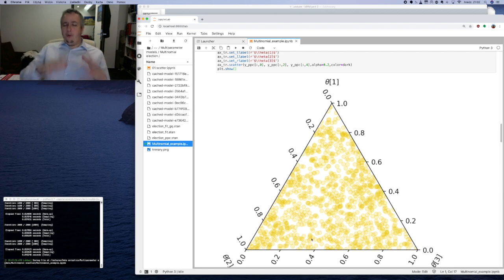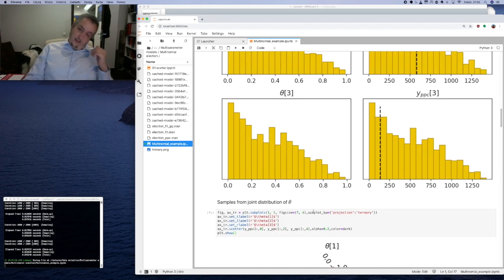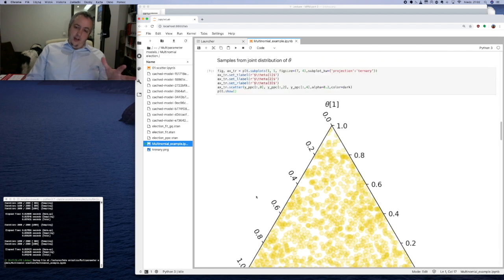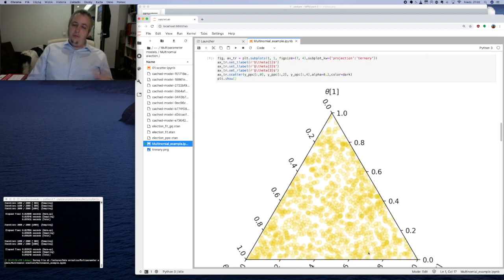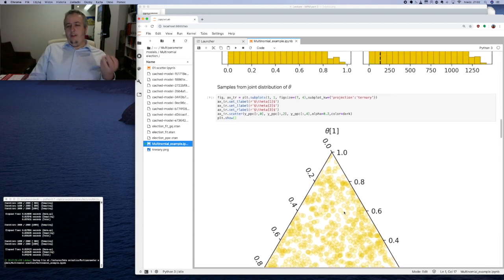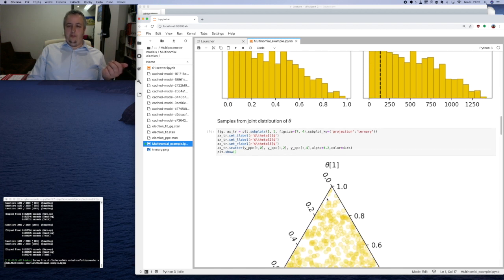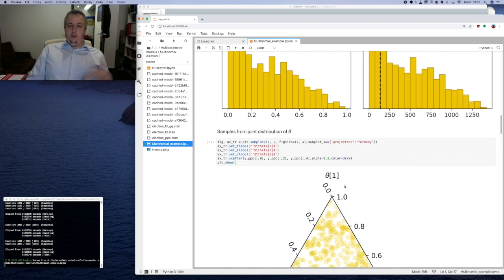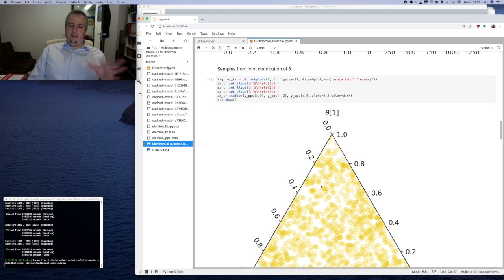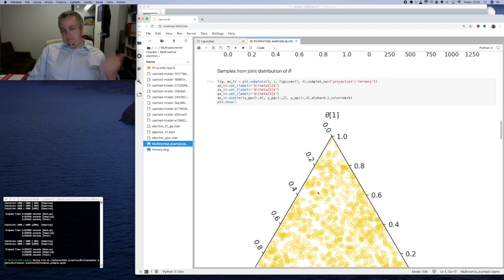As you can see, the same samples that give us these histograms are rather uniformly distributed over our triangle. It happens because whenever you approach one value next to 0, the other two have to take the entire sum up to 1.